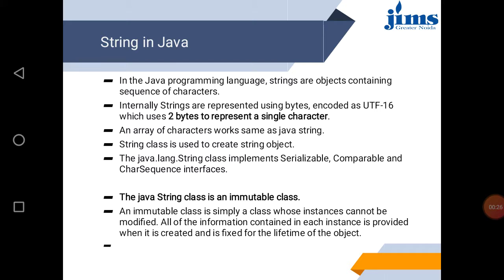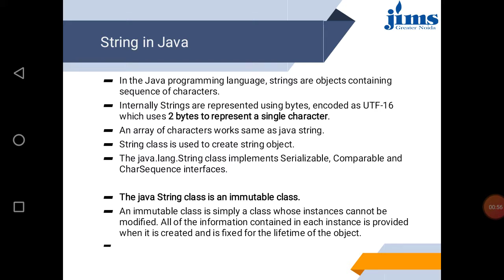So for any program, we need to pass some input, we process it, and we get output. To give a sequence of characters in any program, we use string. In Java, strings are basically objects, and a sequence of characters makes one string.